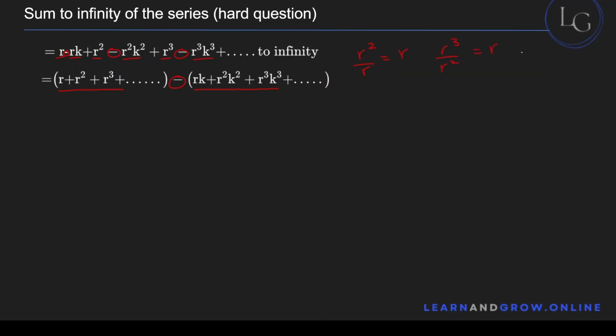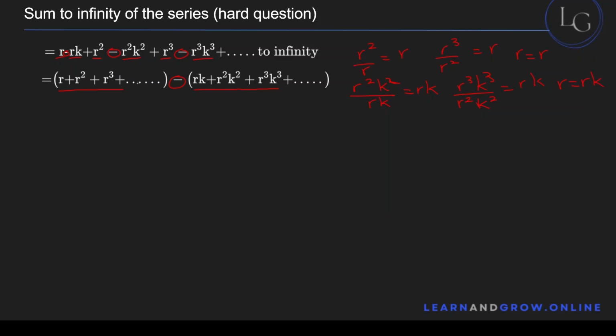So you have a common ratio, which is r. Over here, you can see that r squared k squared over rk is equal to rk, and r cubed k cubed, which is the third term, divided by the second term, which is r squared k squared, is also equal to rk. So the common ratio is equal to rk.